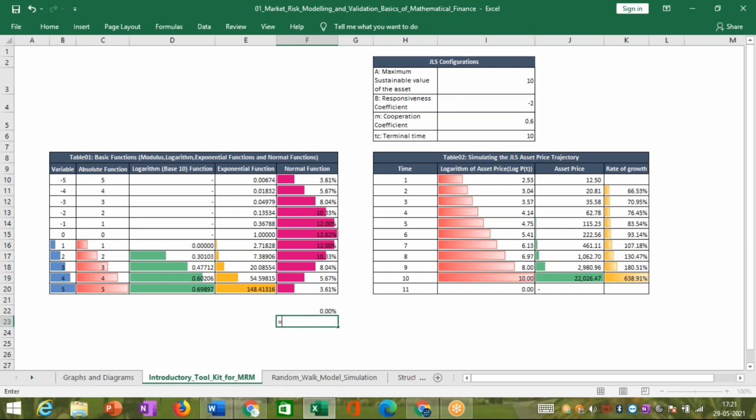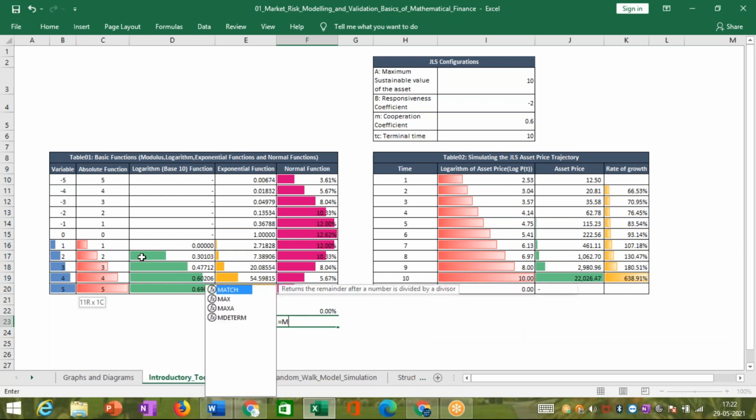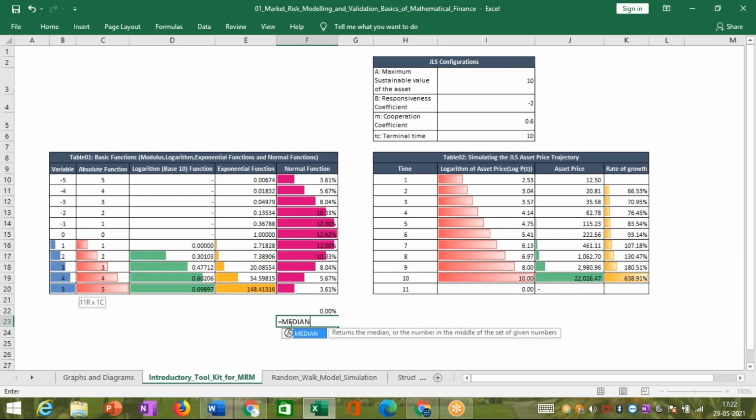Now the next is the median. The median is this value. The median is 0, and so will the mode.